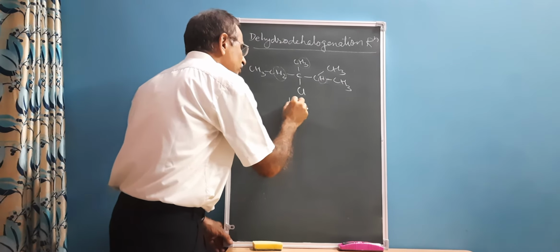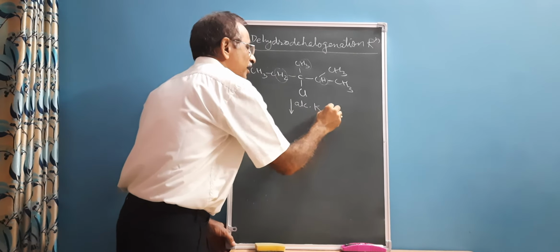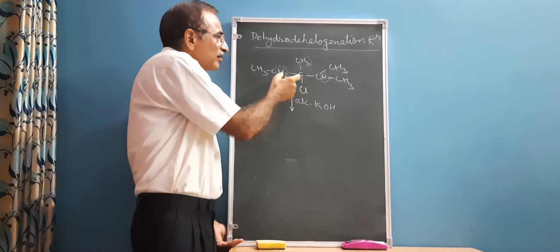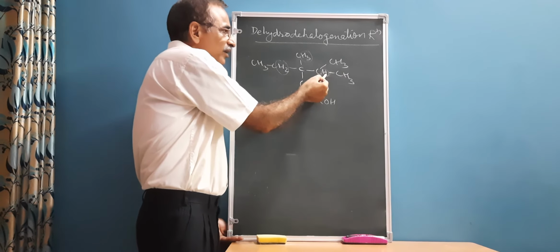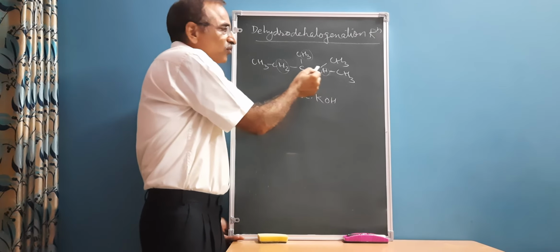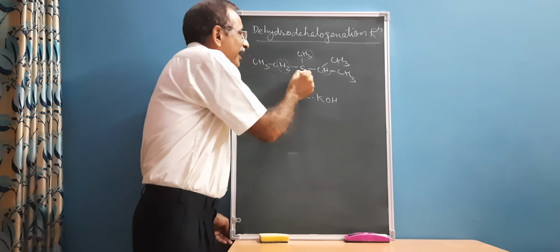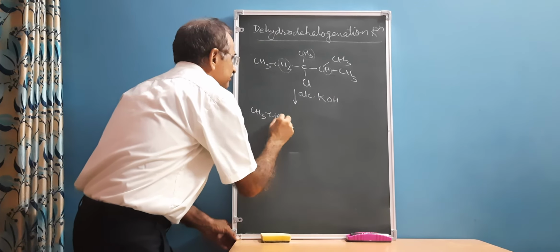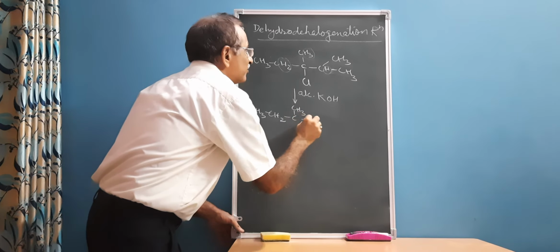Whenever we are going to heat it with alcoholic potash, there will be 3 possibilities where a double bond will be created. If hydrogen is removed from this, we will be able to have a double bond between these 2 carbon atoms, and in that case we will be able to have this alkene. Let's consider this alkene is formed.